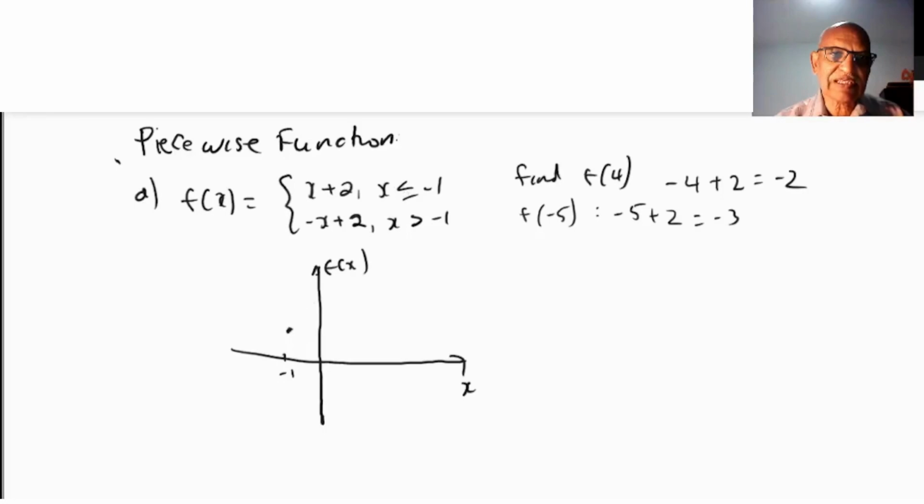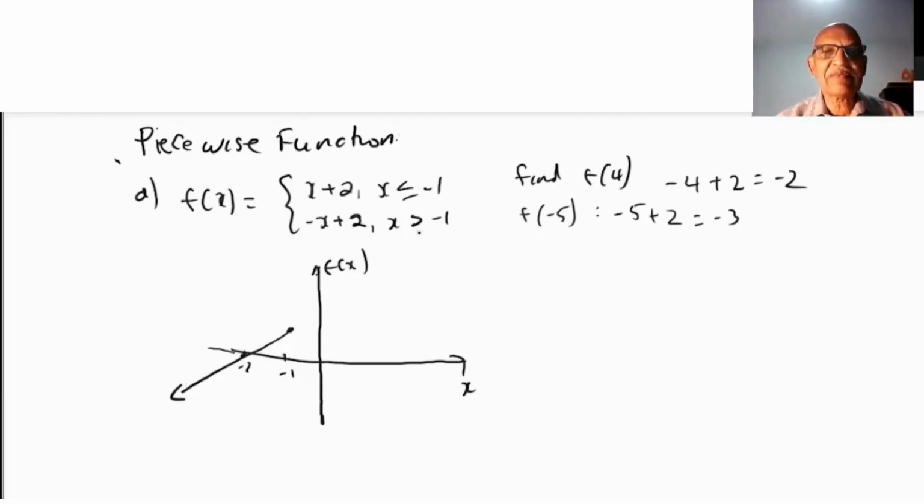Yes, because it is less than or equal to. Then, since x is less than minus 1, my graph will be on this side. So I take any number less than minus 1. Let's take the intercept. If x is negative 2, then y will be 0. Therefore, this will be the first line.